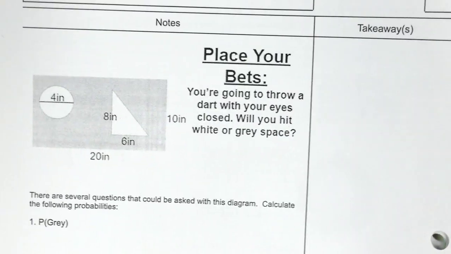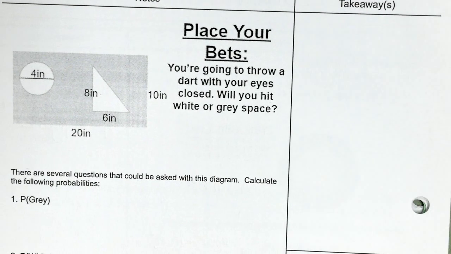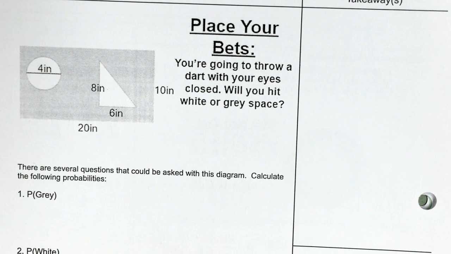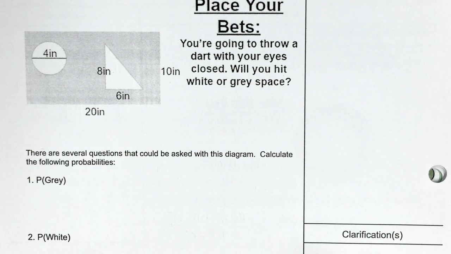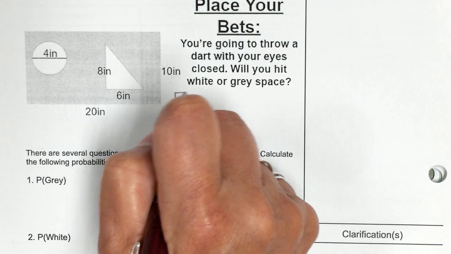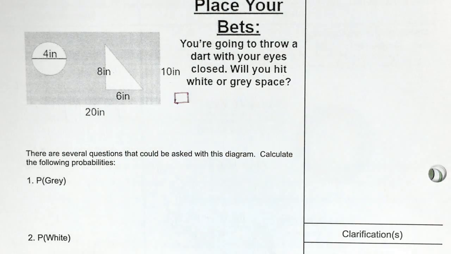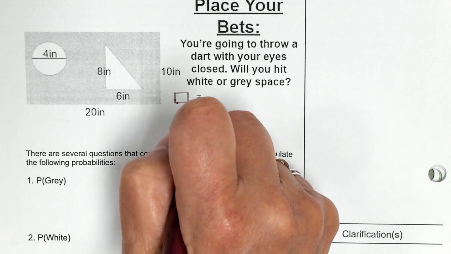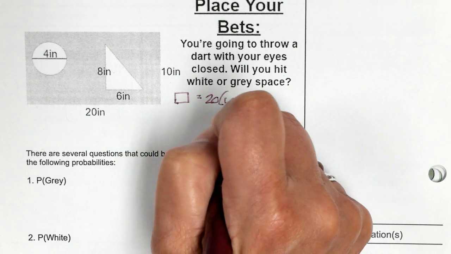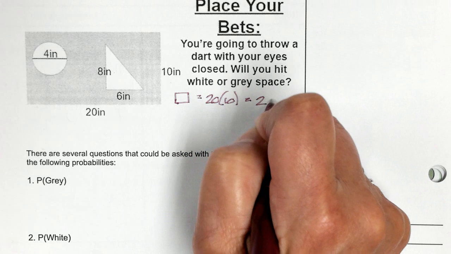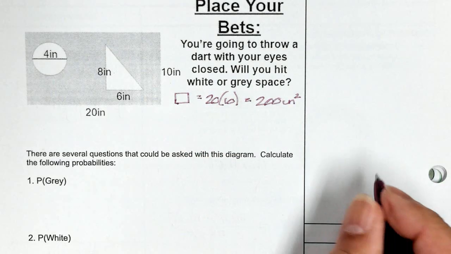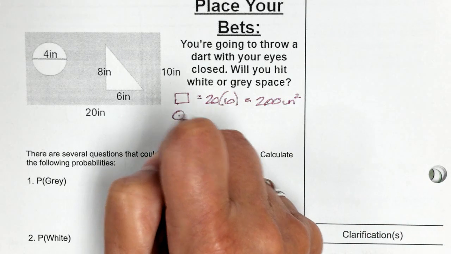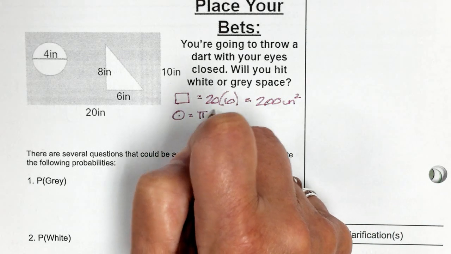Moving on to the next example, you're going to throw a dart with your eyes closed. Will you hit the white or the gray space? The first thing I'm going to do is find the areas of all of the spaces. We have the overall rectangle, area of a rectangle, base times height, 200 square inches. For the circle, it's pi r squared.